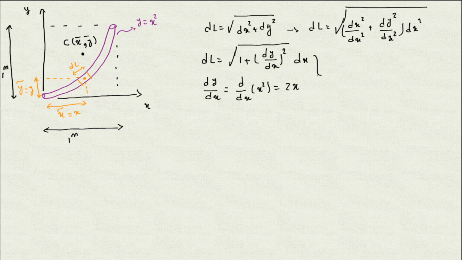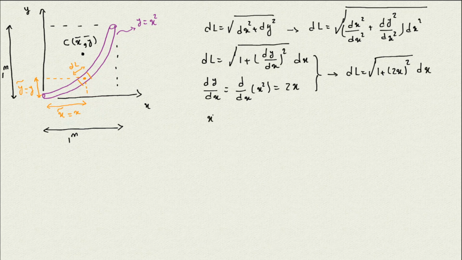So if I use these two together, then the dl is going to be the square root of 1 plus 2x squared, because dy over dx is 2x, dx.